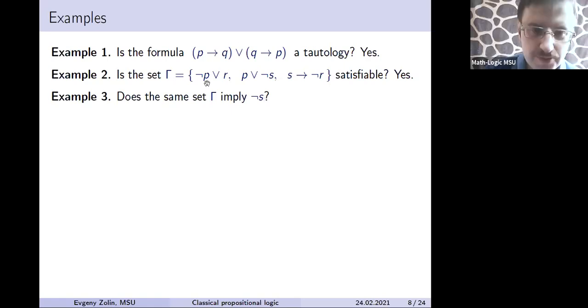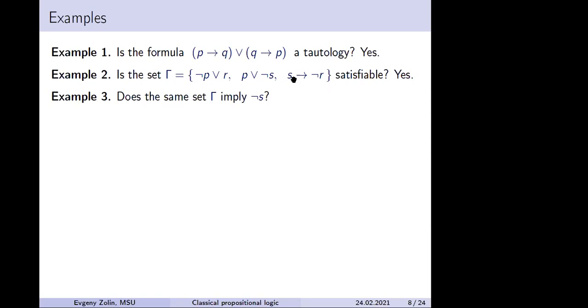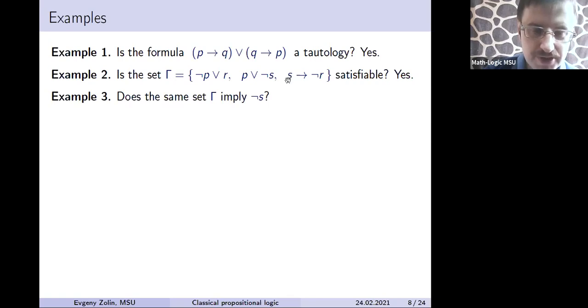So it is impossible to make this set true if we assign 1 to the variable S. Because then S implies R, and S implies not R. If S is 1, then at least one of these will be false. So every valuation that makes this set gamma true has the value 0 assigned to S.